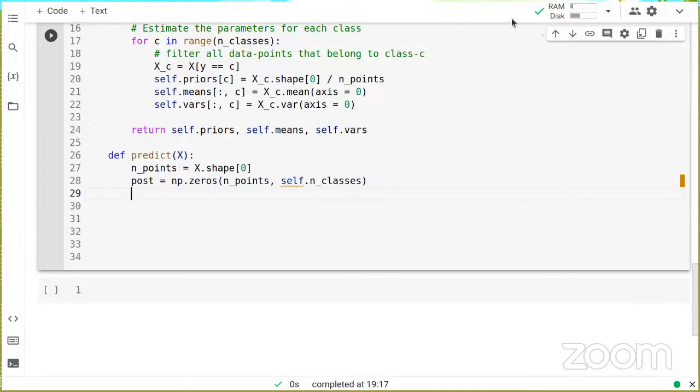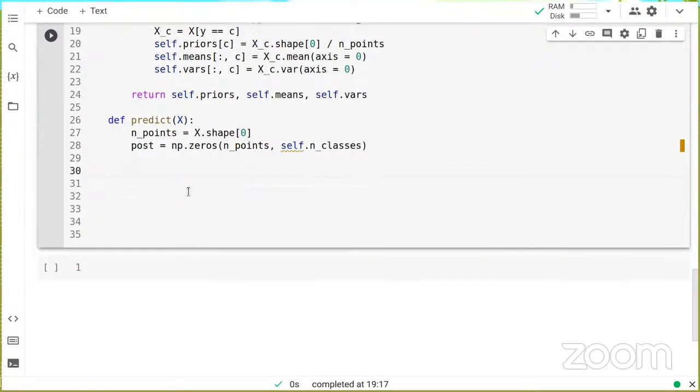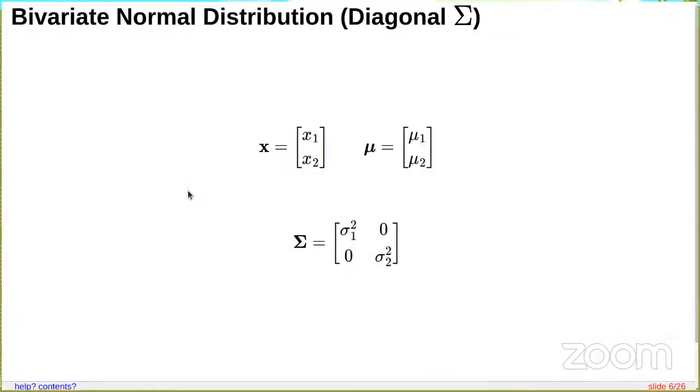If there is sufficient interest, we can go ahead and do this, but otherwise we can move on. Sir, we can compute it. Okay, so let us first write down what we need for a single one.